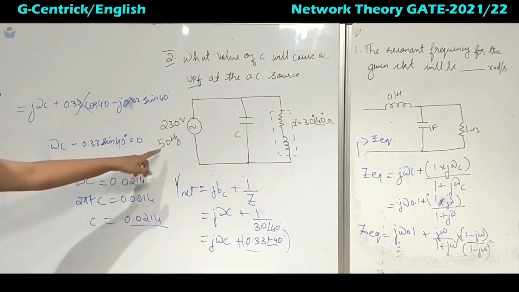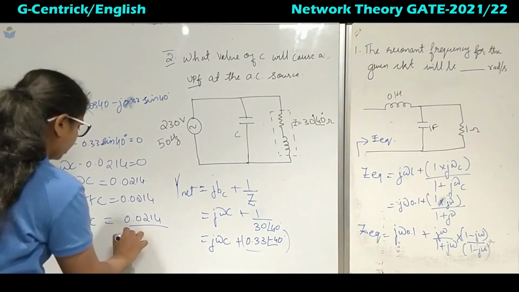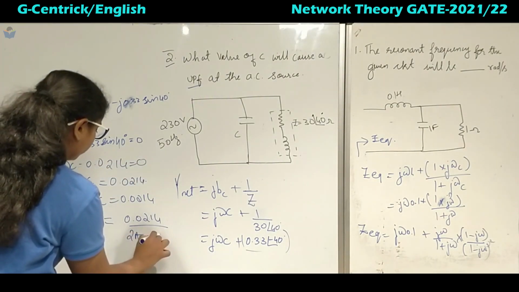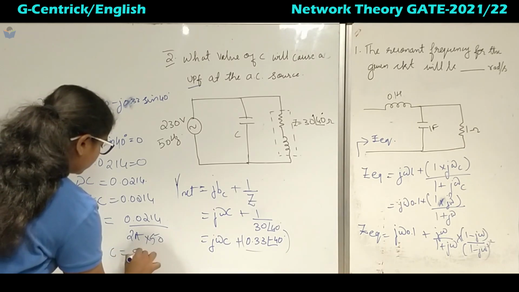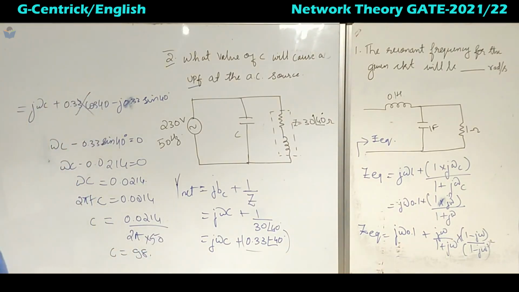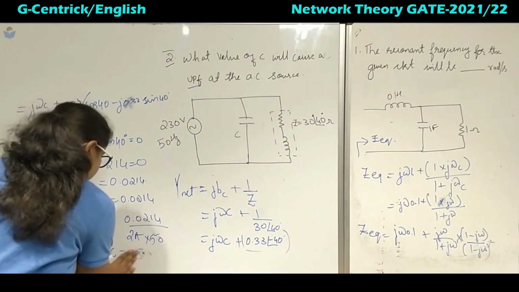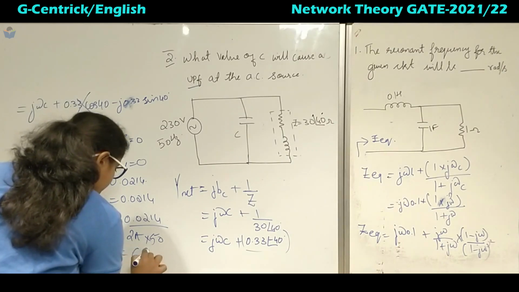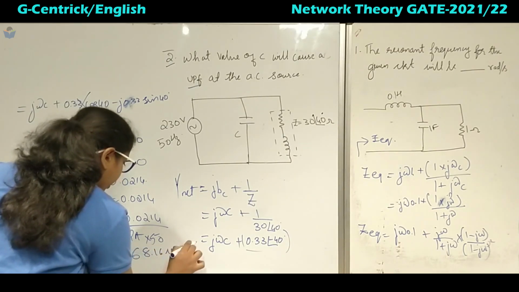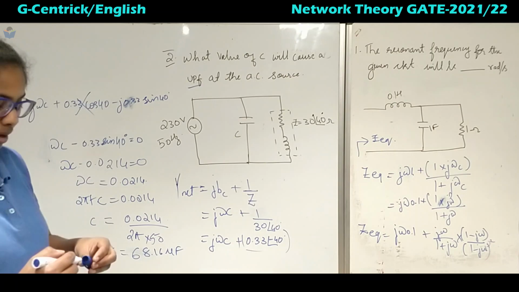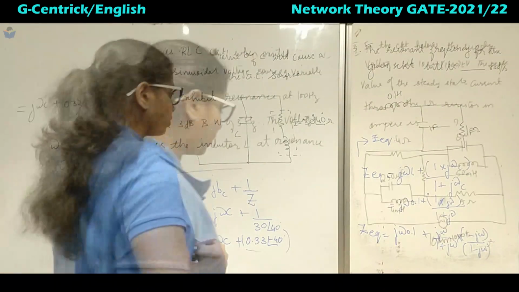Here we have 50 Hertz as the frequency, so 2 pi into 50. When you solve this, you will get 68.16 microfarad. We will see some more problems based on this.